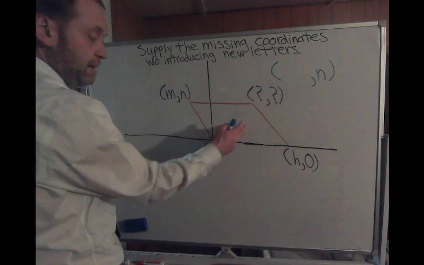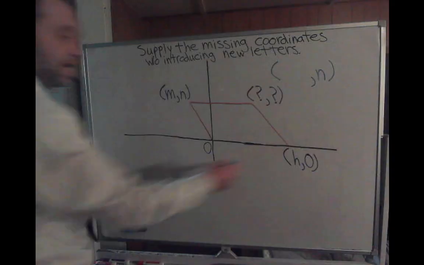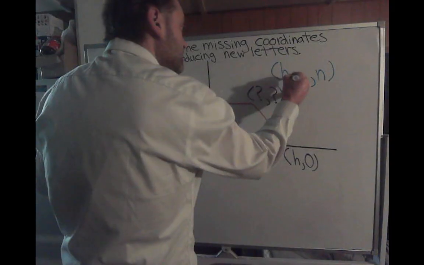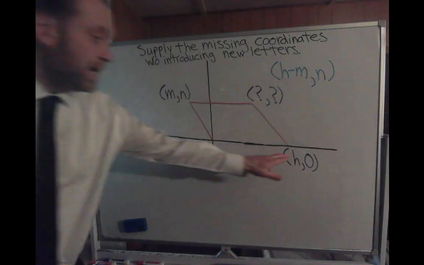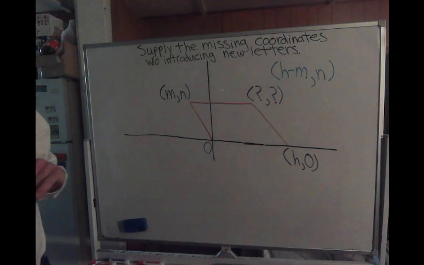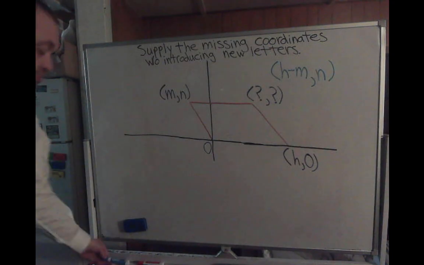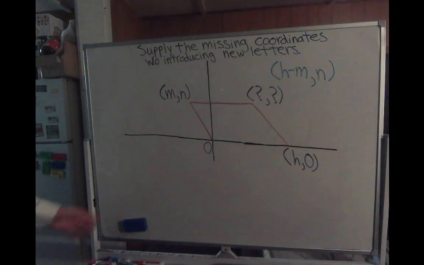So if the opposite sides are congruent, that means the coordinate here for the x would be h minus m units. So the x coordinate would actually end up being h minus m. So you get a missing coordinate of h minus m, then n. That would be the missing coordinate for this parallelogram, h minus m, then n.